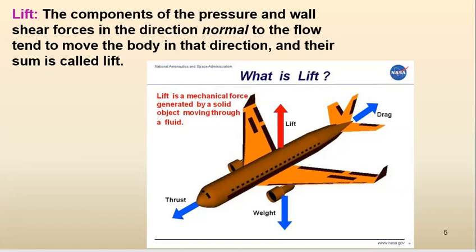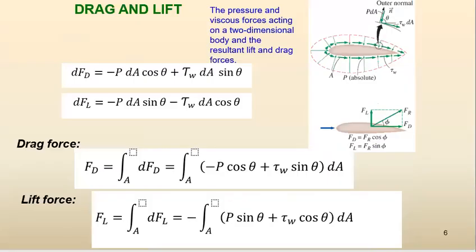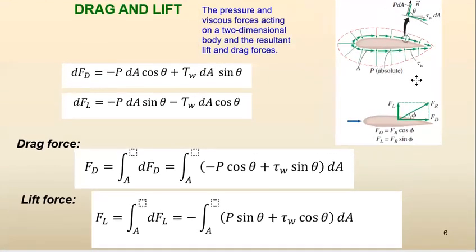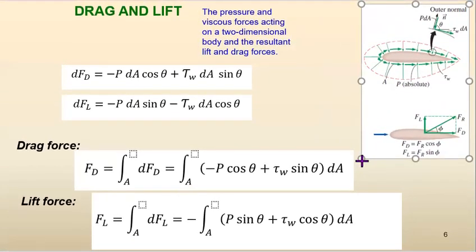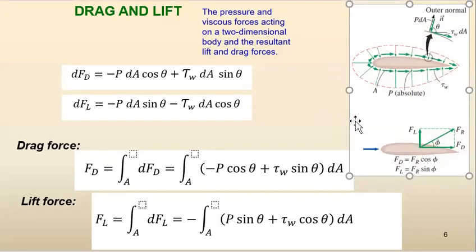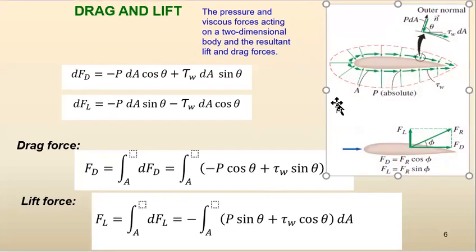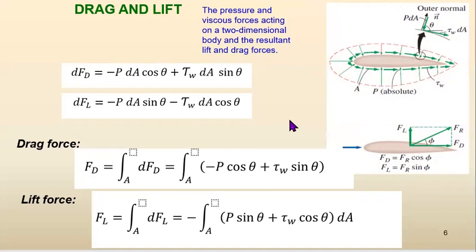So the simple mathematical formulation of lift and the drag force is as follows. As you can see here, let's say you have an airfoil. In the airfoil, there are two main directions of forces: drag and lift.